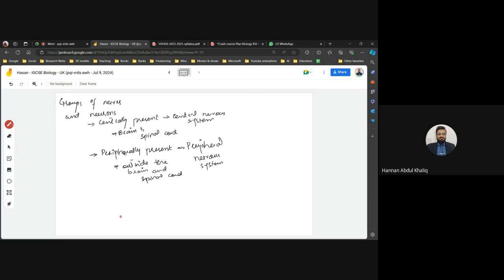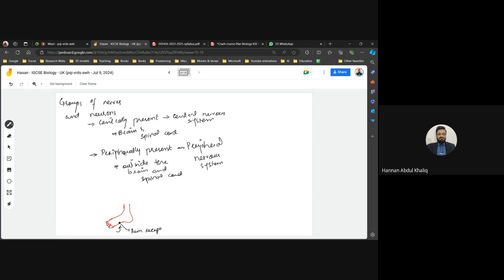Let's talk about an example. Suppose that a person gets a stimulus on their feet. Now over here you have a pain receptor.